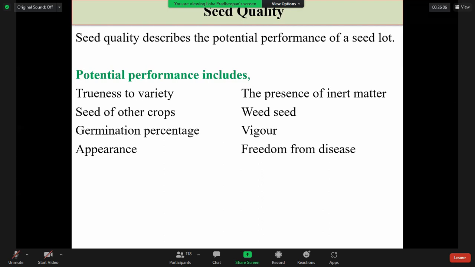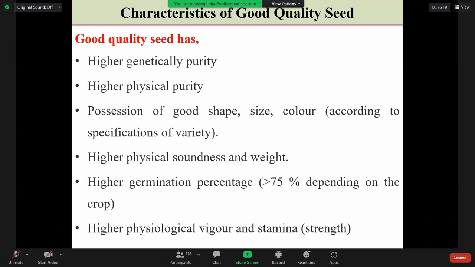So these are the things we will look into while looking for the seed lot with the seed quality for the potential performance. If you look into the characters of good quality seed, normally it should have higher genetic purity and physical purity.